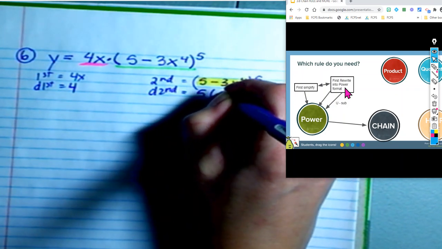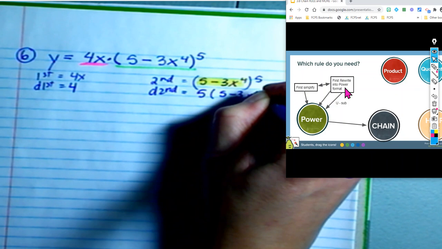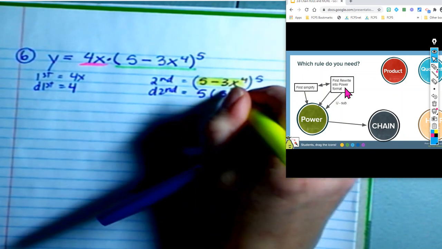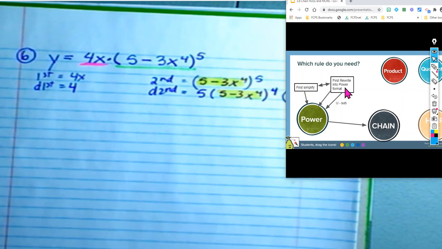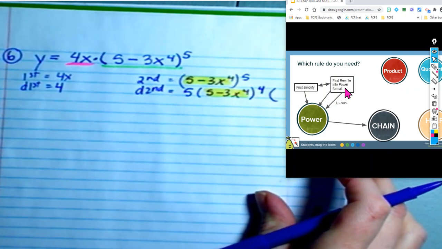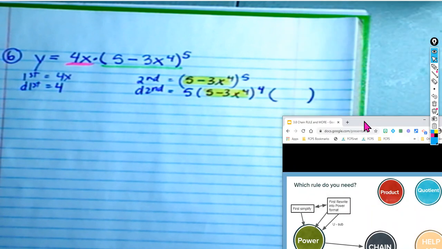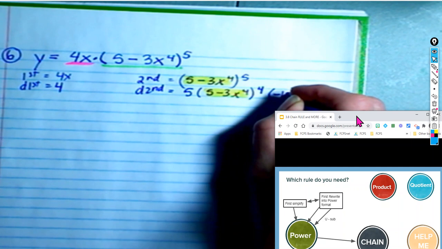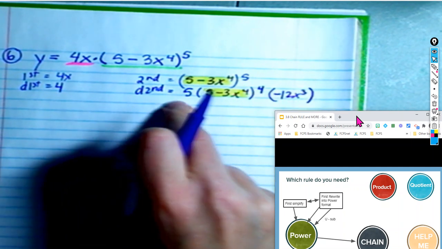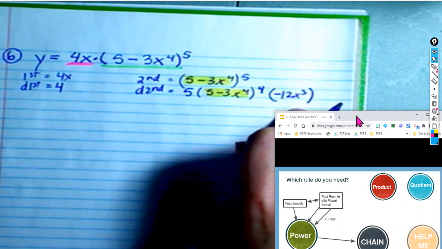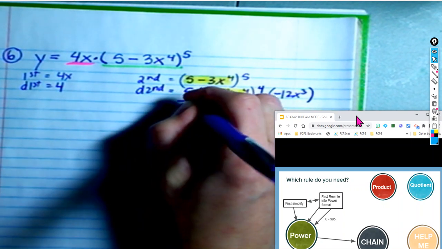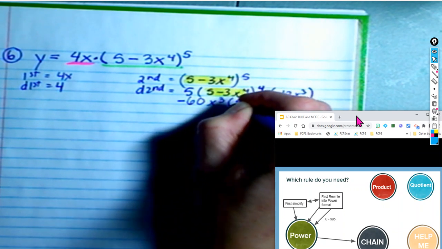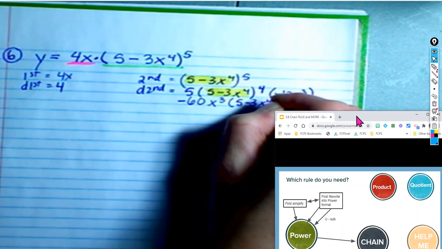Drop the power, subtract 1, copy, derivative of the thing I copied. Minus 12x cubed. And I'm going to take one step here and combine these outside two pieces to negative 60x cubed (5 minus 3x to the fourth).